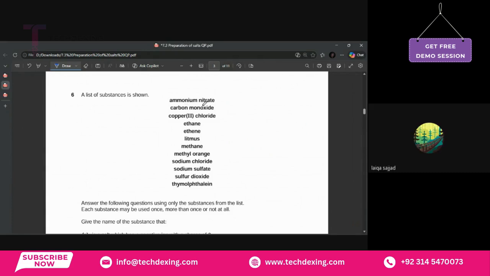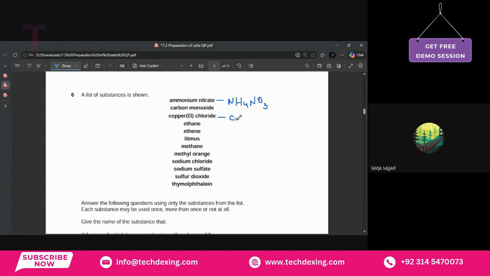It's ammonium nitrate. What's the chemical formula for ammonium nitrate? It's NH4NO3. Then we have copper chloride.